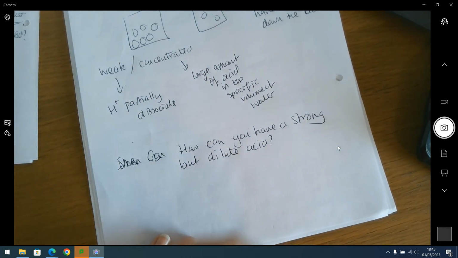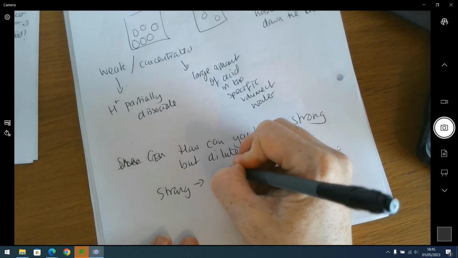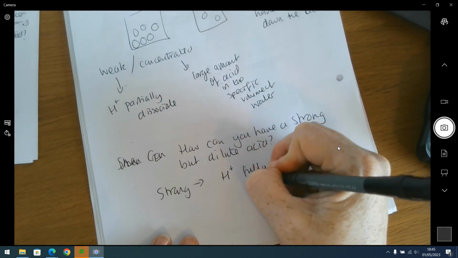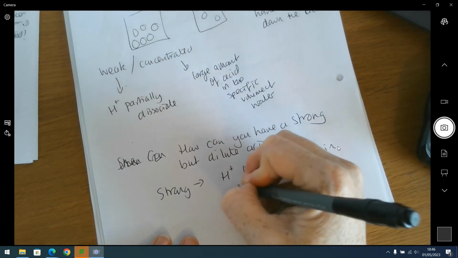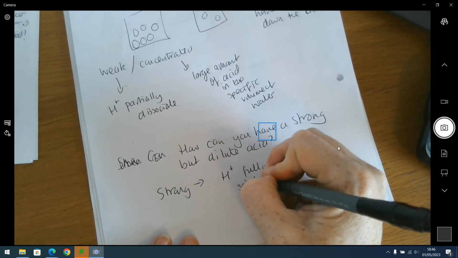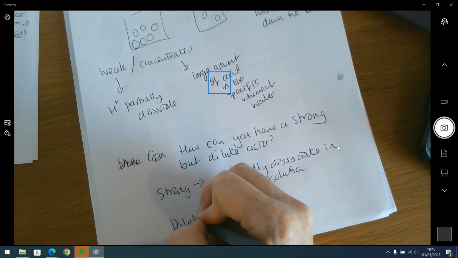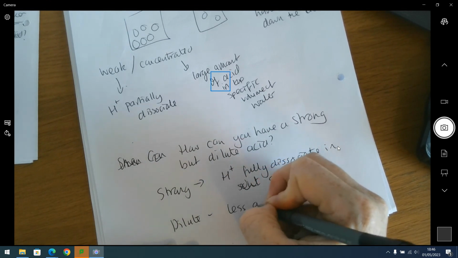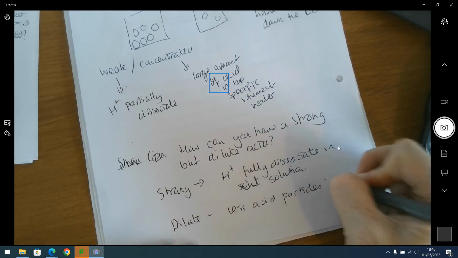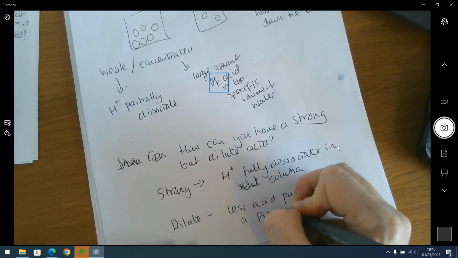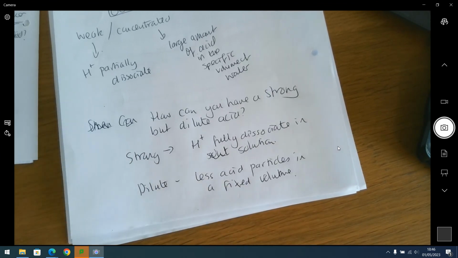So I can have a strong acid because all of the hydrogen ions fully dissociate in solution, but it's dilute because there are less acid particles in a fixed volume.